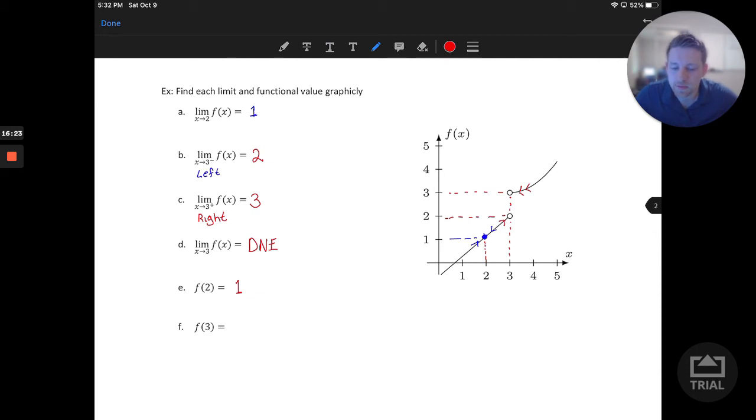And then last but not least, we have the functional value at 3. Notice that we have two open circles, both when we approach from the left and the right. And so here we could say that that function is undefined at 3. Or we could say that functional value really does not exist.